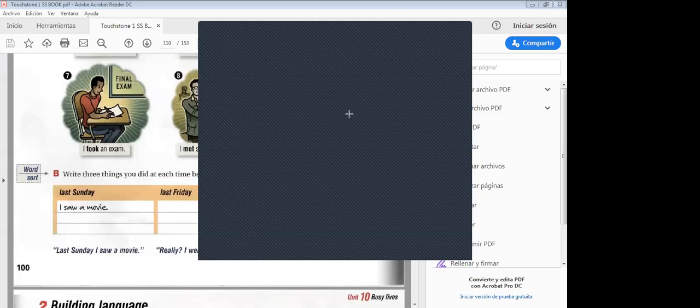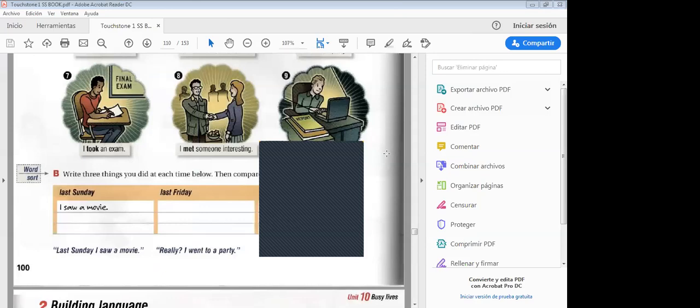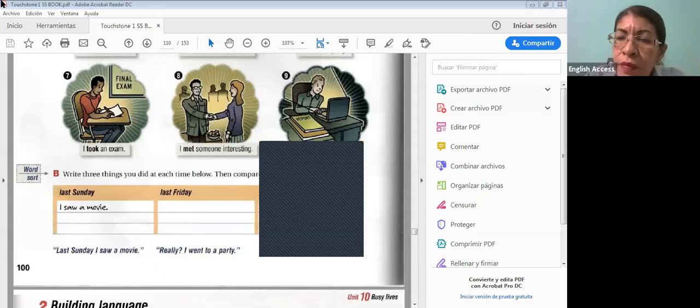Page 100. Lesson B. A busy week. 1. Building vocabulary. Irregular verbs. A. Listen and say sentences. Did you do these things last week? 1. I bought a sweater. 2. I had a piano lesson. 3. I made a lot of phone calls. 4.